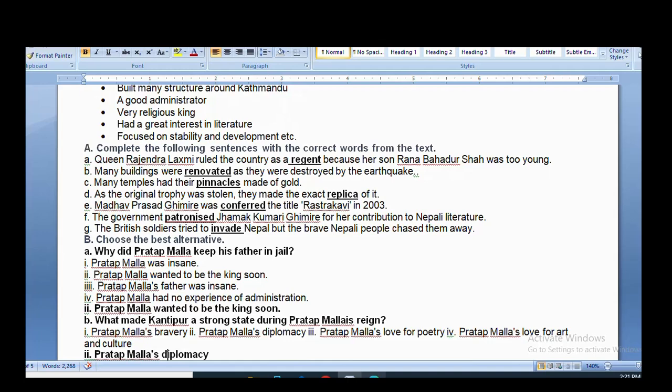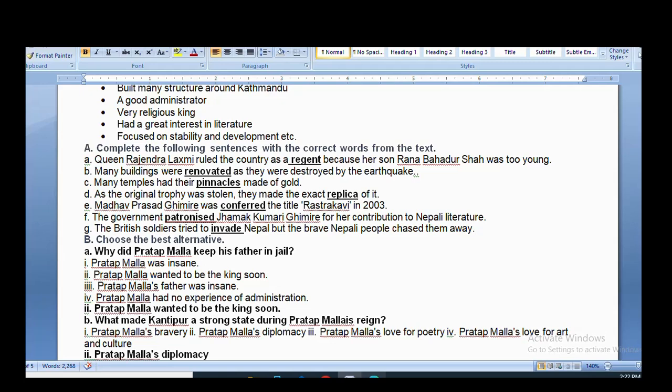Queen Rajendra Lakshmi ruled the country as a regent because her son Rana Bahadur Shah was too young. Many buildings were renovated as they were destroyed by the earthquake. Many temples had their pinnacles made of gold. As the original trophy was stolen, they made an exact replica, a copy of it.